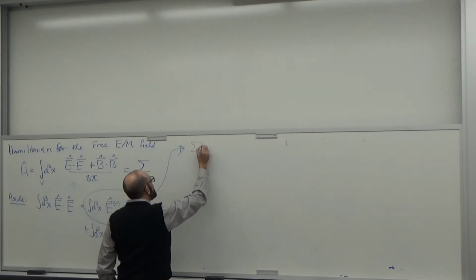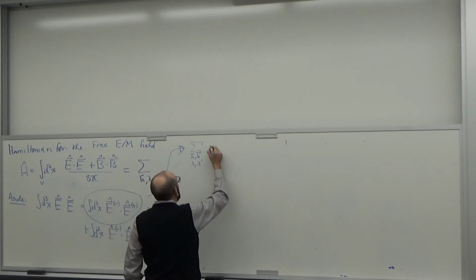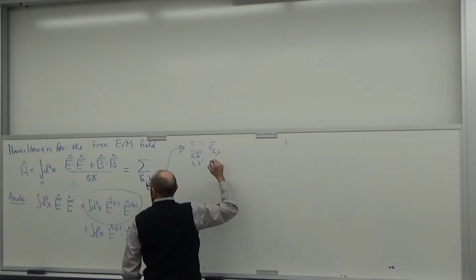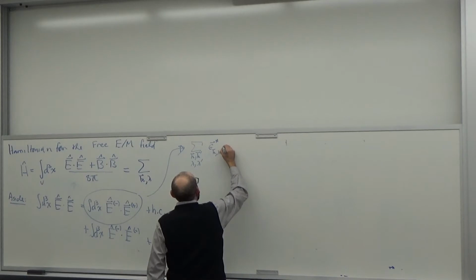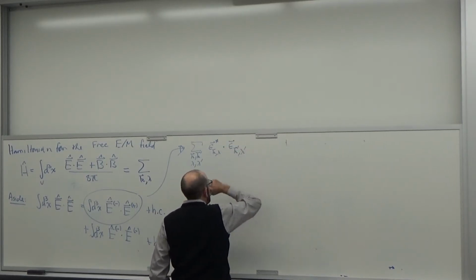I have the sum over k and k prime, a sum over lambda and lambda prime. I have epsilon k lambda star dotted into epsilon k prime lambda prime.